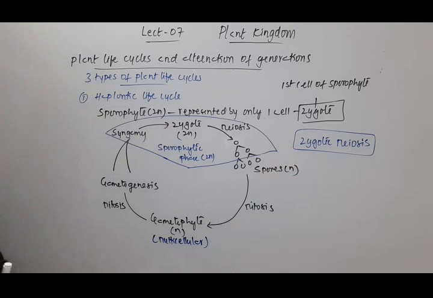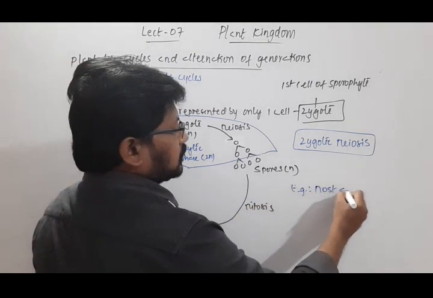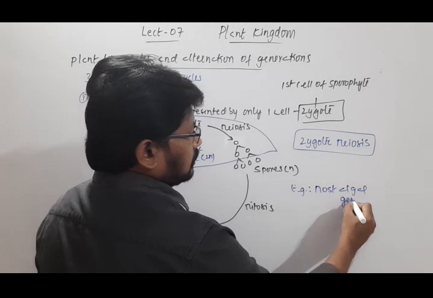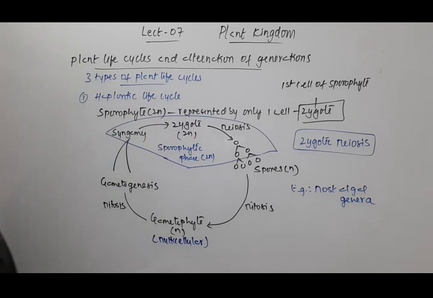So coming to the examples here, most algal genera are the ones who exhibit this haplontic life cycle. There are other examples.